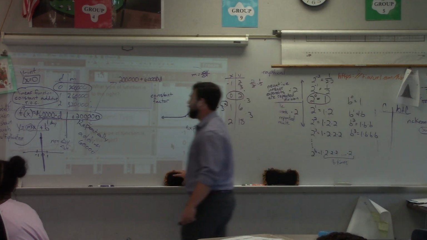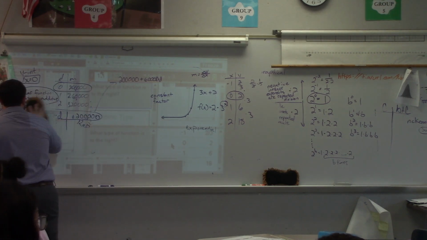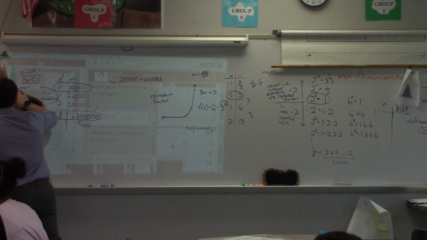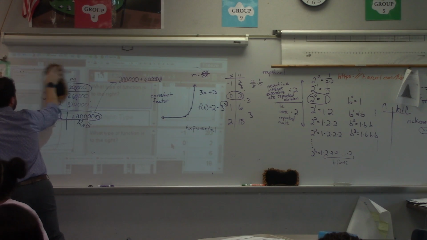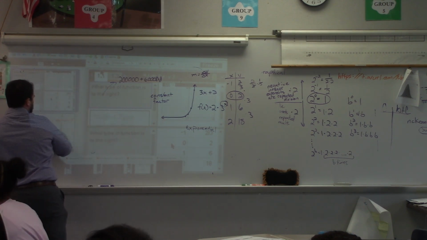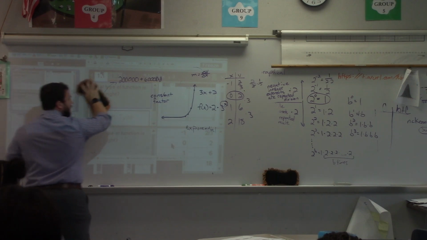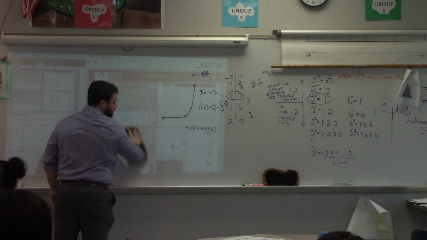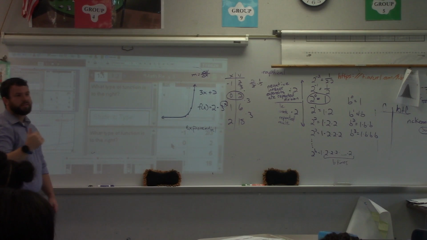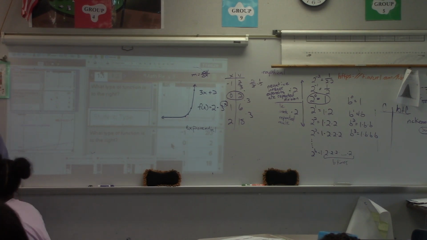So keep in mind the difference between linear and exponential. They are very heavily connected, but they have a key difference. What is the key difference between linear and exponential? What tells us how the shape of the graph is going to look, what the table is going to look like, what the equation looks like? I mean, the x and y, the inputs and the outputs, but what tells us whether it's linear or exponential?